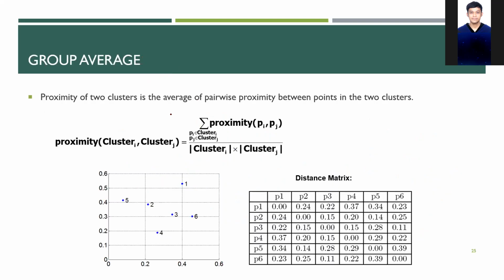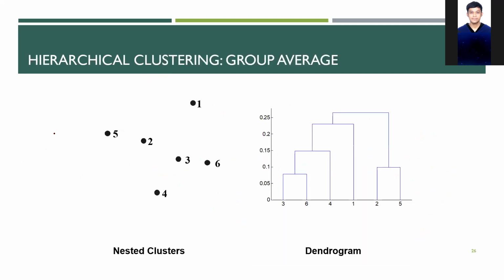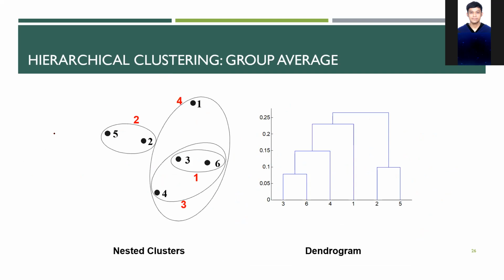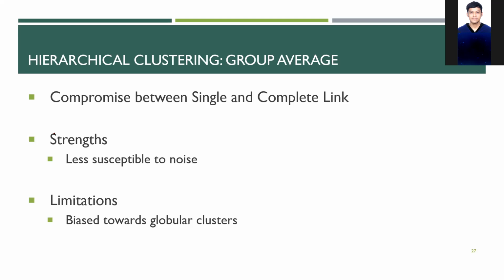Group average: we use the average of pairwise proximity. If we have many data points here, we calculate all distances and average them. What happens if we use group average? This is the dendrogram, like this. Group average is a compromise between single and complete link.